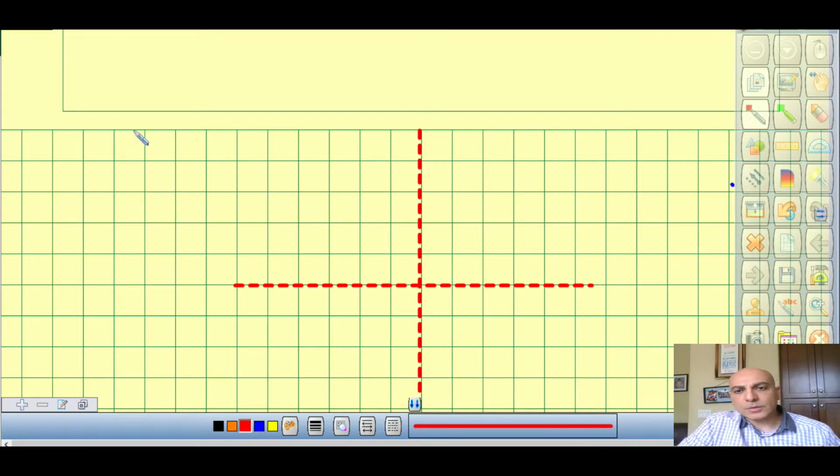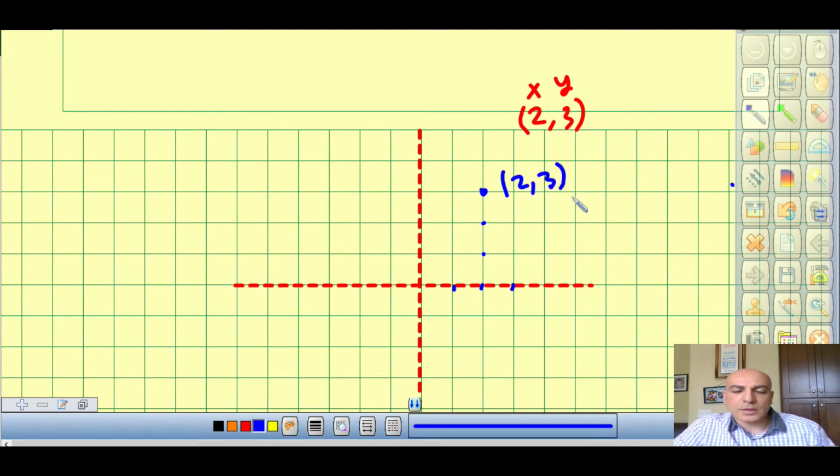What's the first point that we need to graph? I think it was 2, 3, if I recall. Okay, so x is 2, y is 3, and we're trying to plot this point. So basically, I have to count 1 and 2, and then going up, 1, 2, and 3. This is my point, 2, 3. X and then the y.